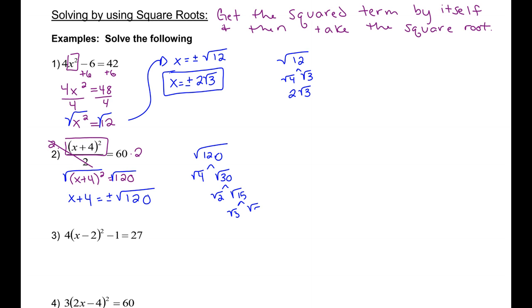So the only perfect square is the 4. So this whole thing equals 2 square root of 30 because there's not another perfect square for me to pull out.